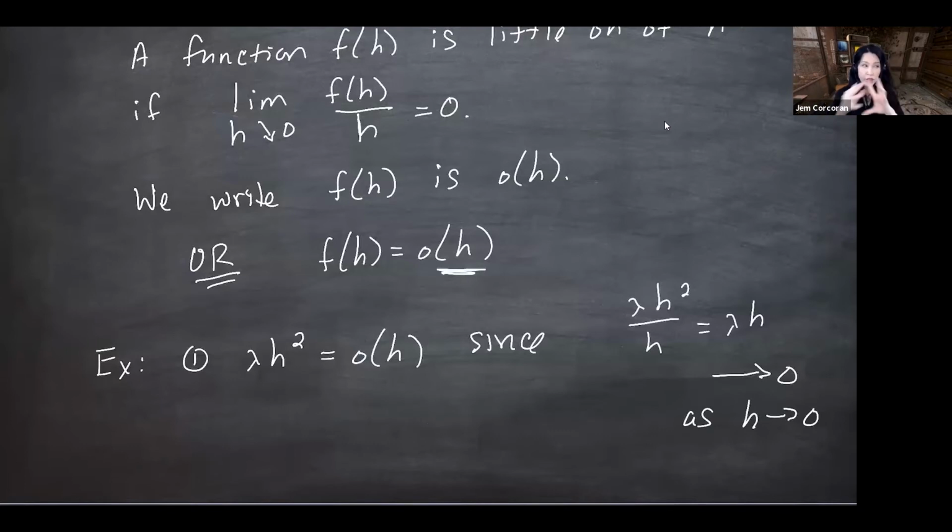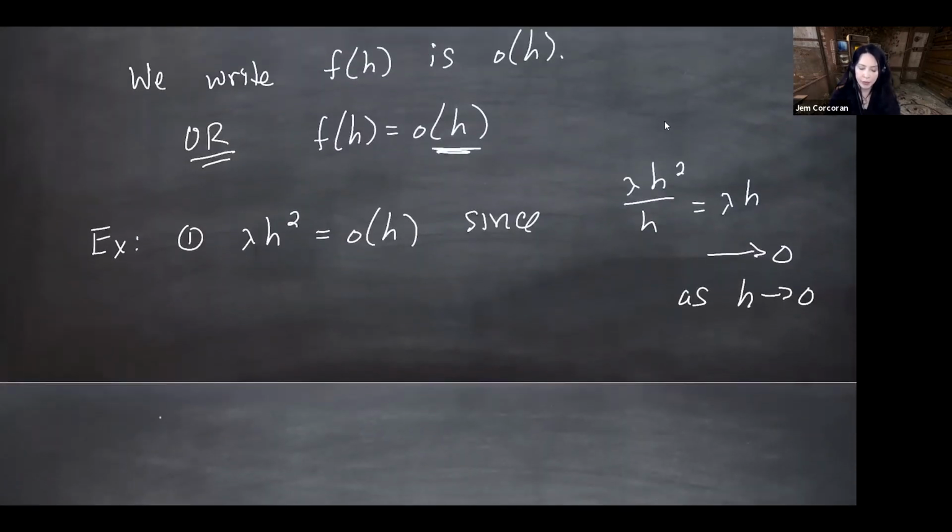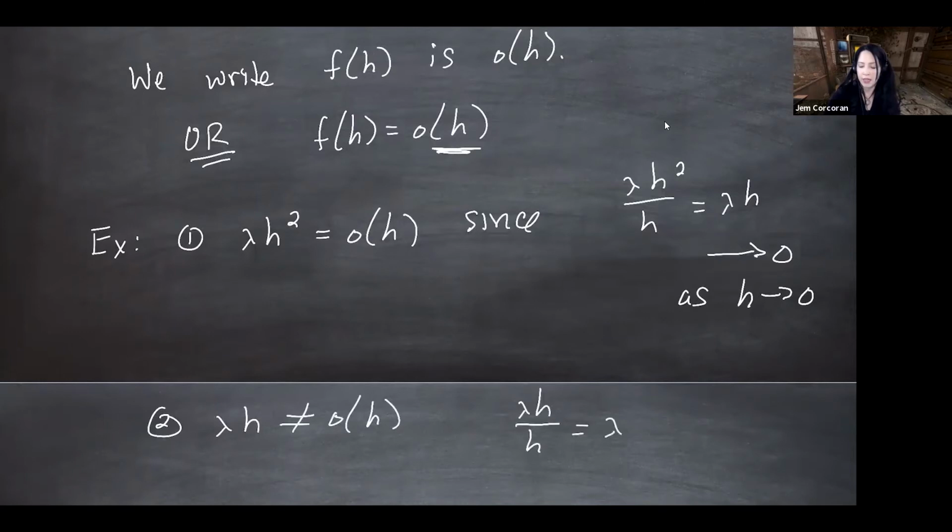So it's going to be useful for things at the end of like Taylor series expansions where you want to say, and that stuff goes away. And you might say, well, some of your other terms go away. And I'm going to say, yeah, but these go away faster in a little o of h kind of way. Because, for example, lambda h is not little o of h, right? Because if you divide it by h, you get lambda, and that is not going anywhere, much less 0.